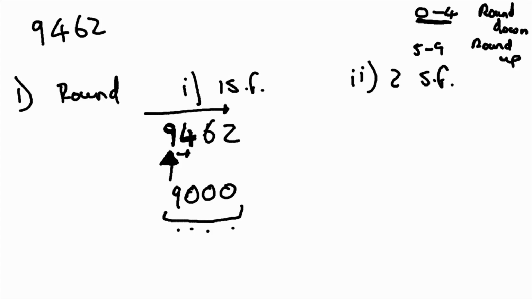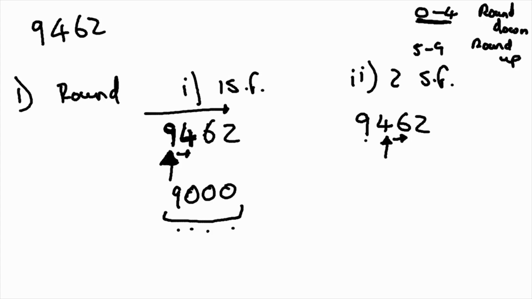So let's have a look at 2 significant figures. The 9 is the first significant figure. The 4 would be the second. Now we're going to look to the right and say, does this 6 make the 4 round up or stay the same?